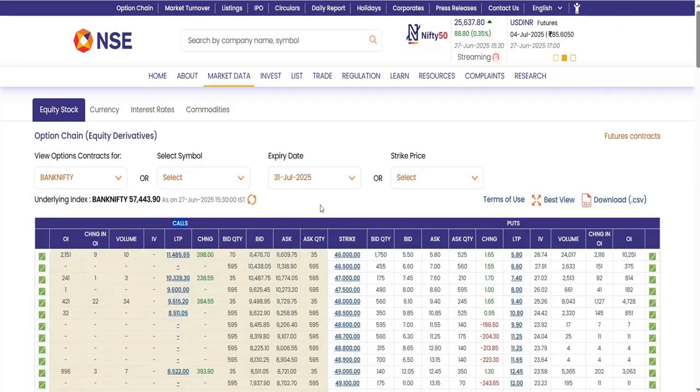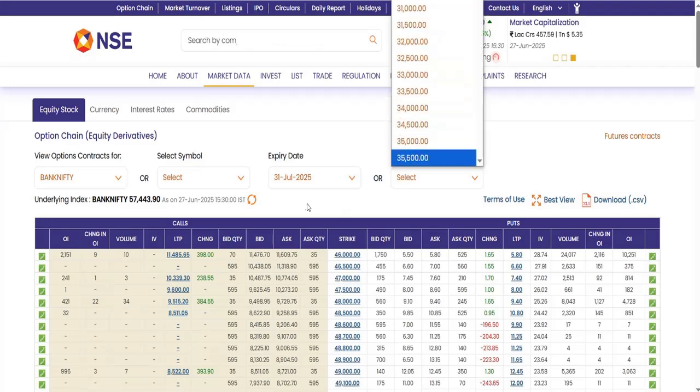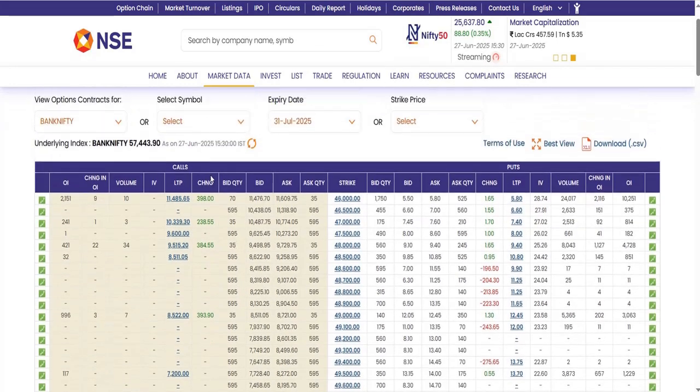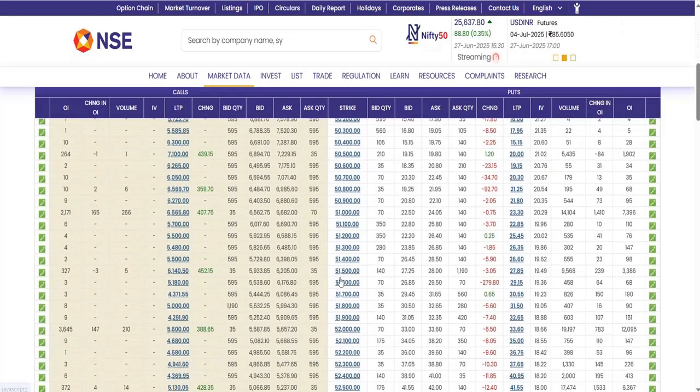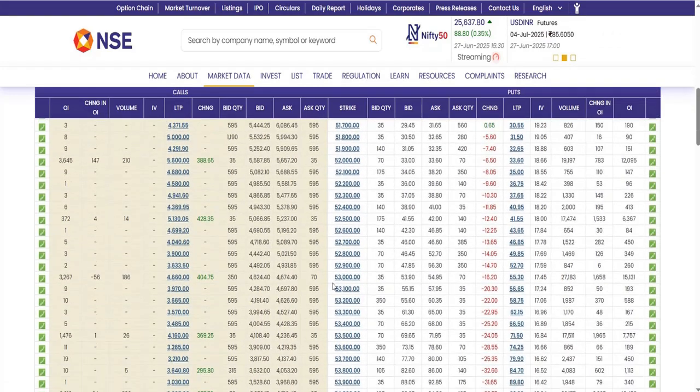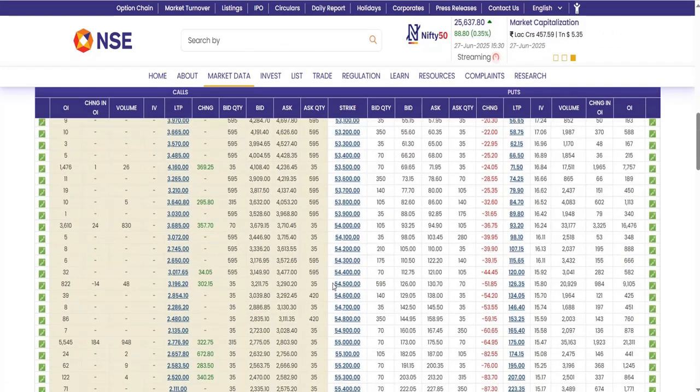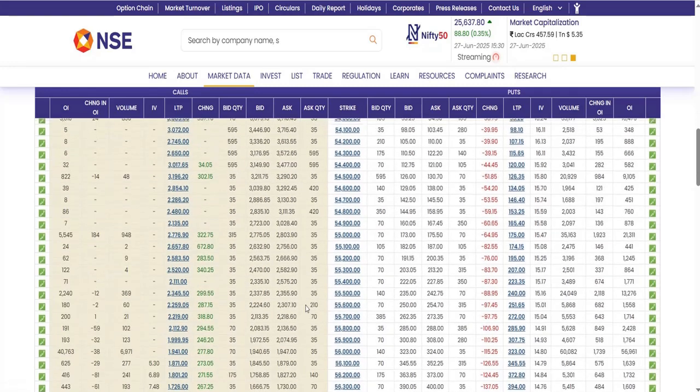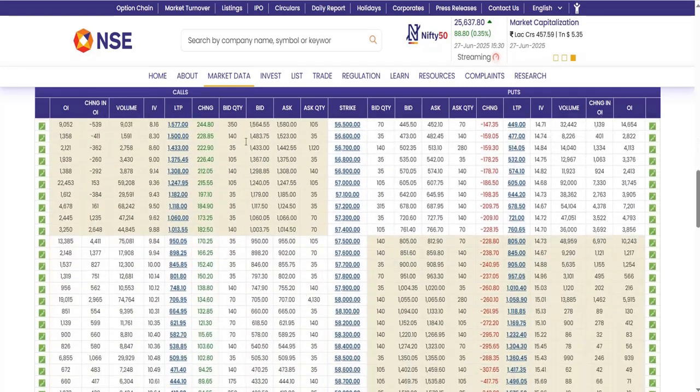Okay, so if you want to buy two lots of Nifty, just for example, assuming it has 50 as a lot size, then you will be having a hundred shares. Same if you look at multiple stocks like Infy, TCS or any other stocks, everything comes with a lot size.